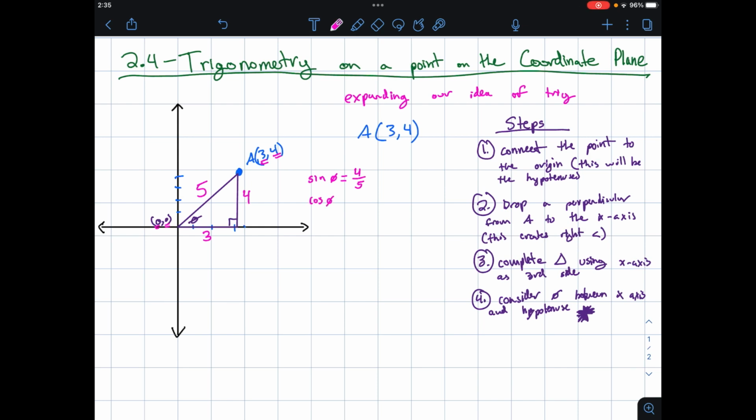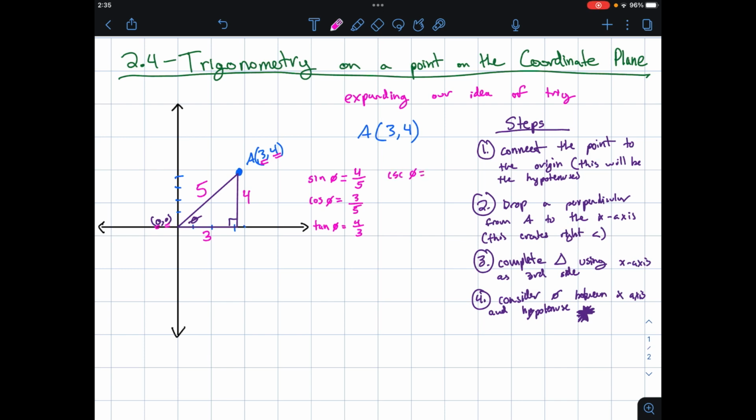Cosine theta, adjacent to my angle theta, would be 3 over 5. Tangent of theta would be the opposite over the adjacent, which is 4 over 3.